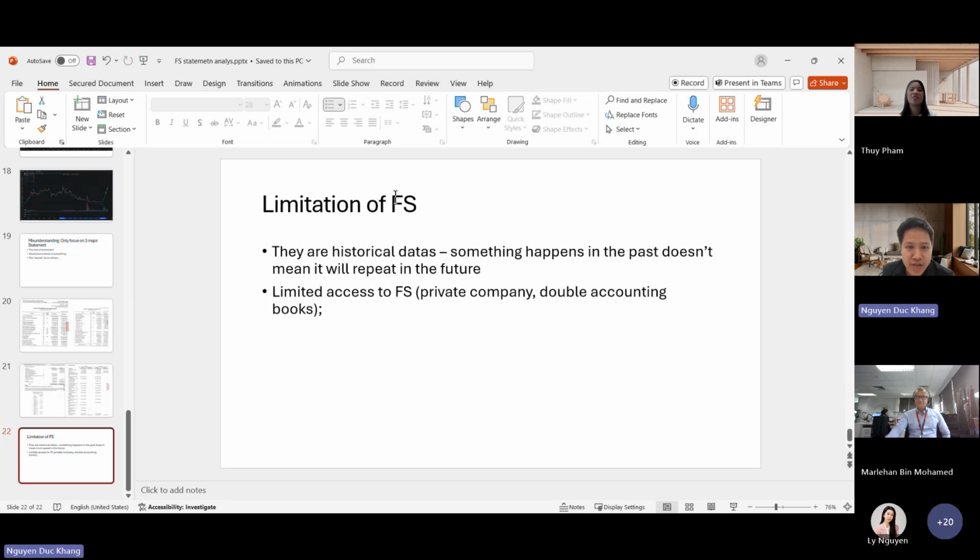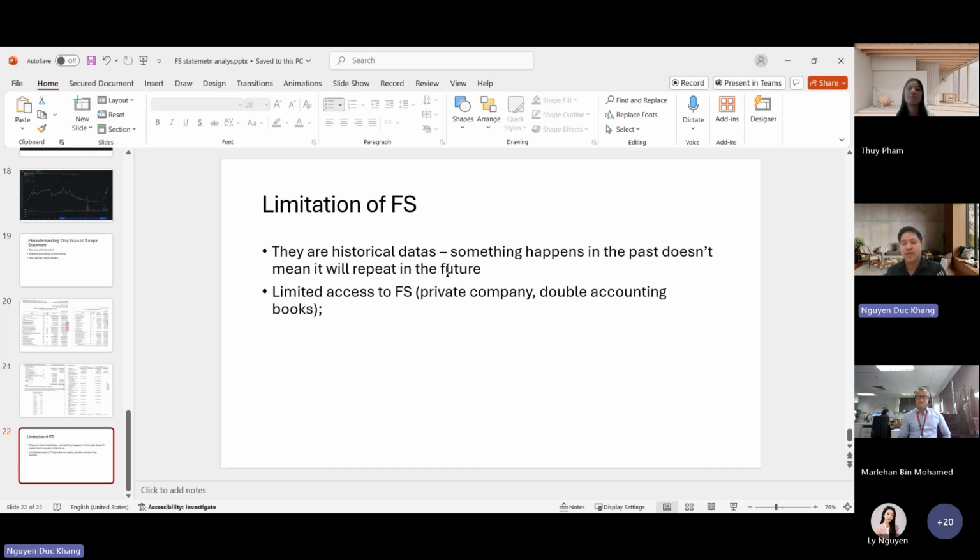And the last thing I want to share is the limitation of the financial statement. The first one I already said, that they can be manipulated to some degree, and the biggest limitation is that they are only historical data.